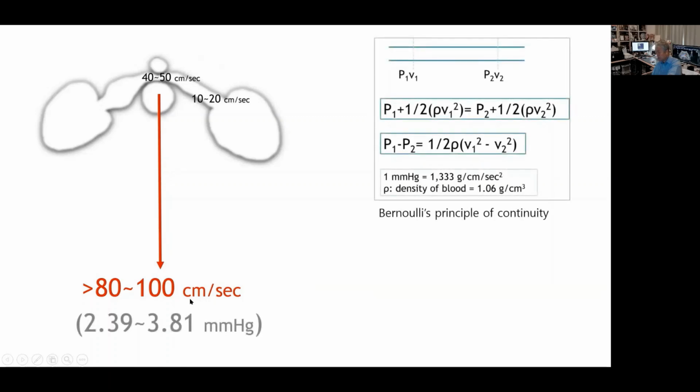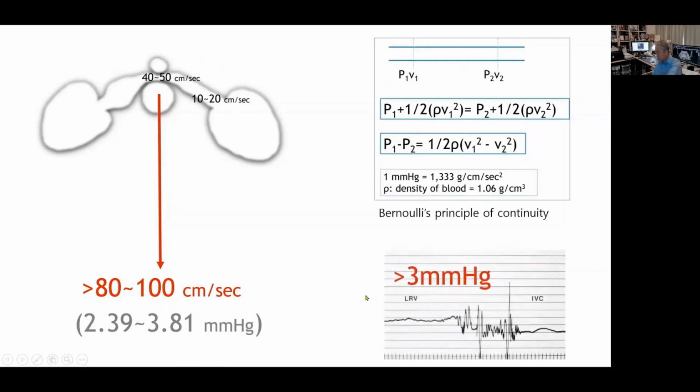If we calculate the theoretical pressure gradient from flow velocity 80 to 100 centimeters per second using this Bernoulli principle, the estimated gradient is between 2.39 and 3.81 millimeter mercury, which is quite equivalent to the 3 millimeter mercury pressure gradient criterion measured by catheterization.